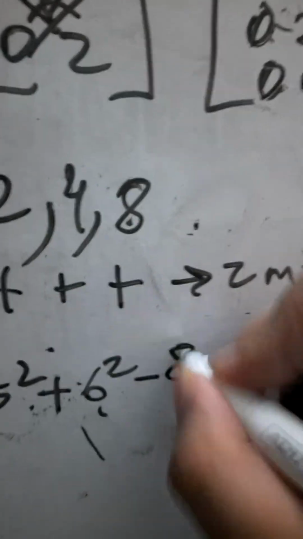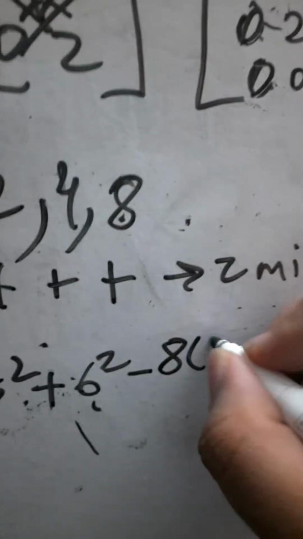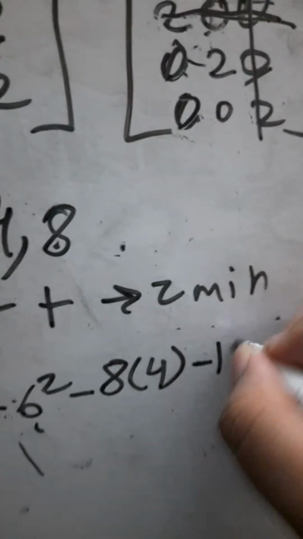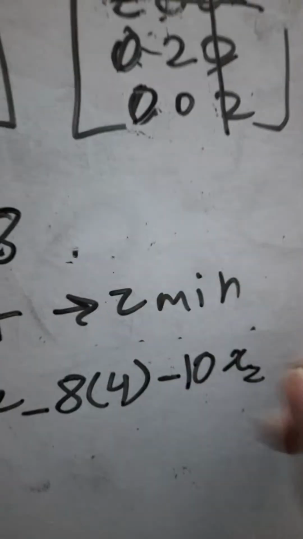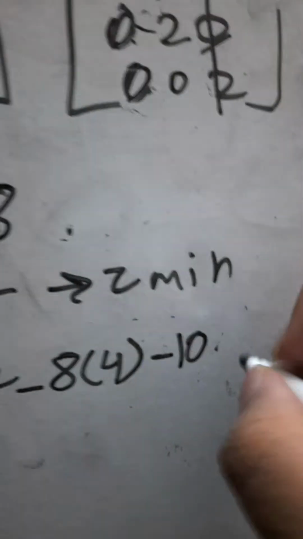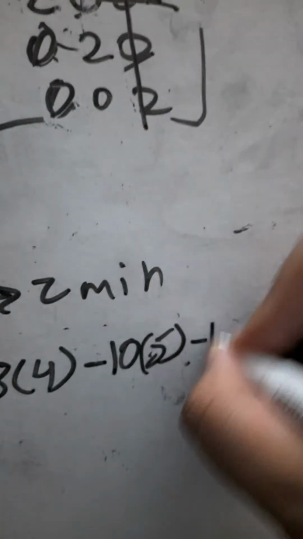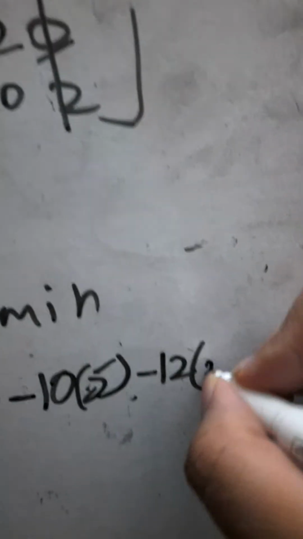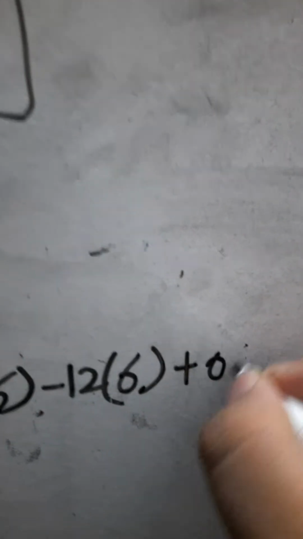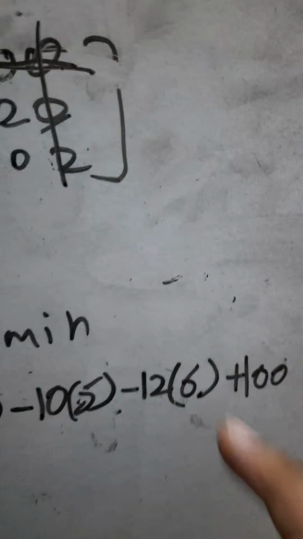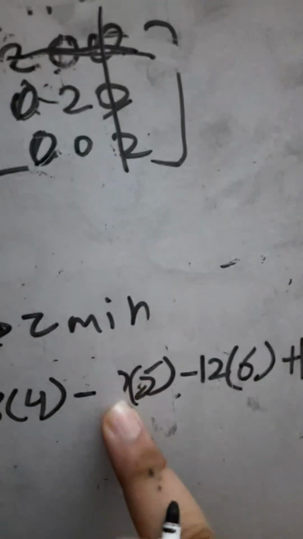Now minus 8 x1, x1 is 4. Now plus 10 x2, which is 5. Then minus 12 x3, which is actually 6 here. So we put 6 here. Then plus 100. So 10 into 5 is 50.